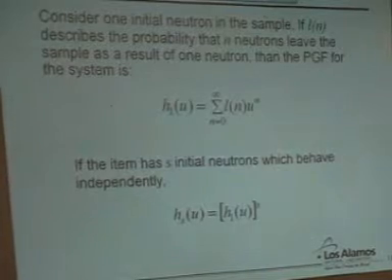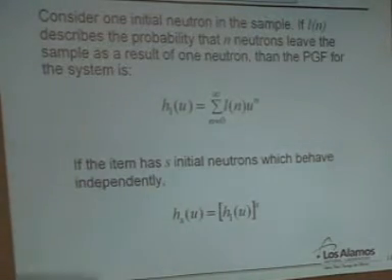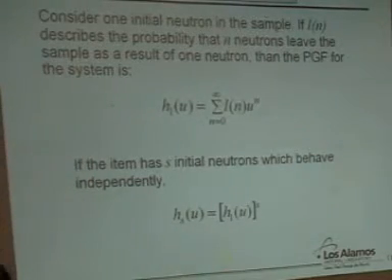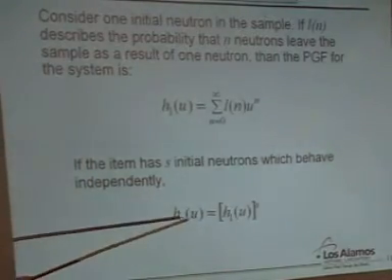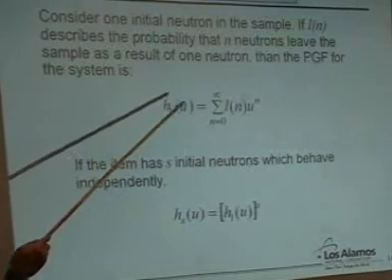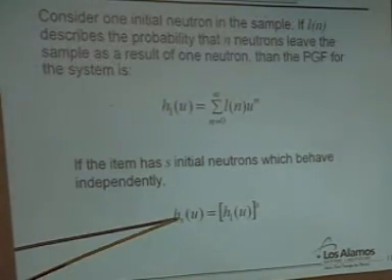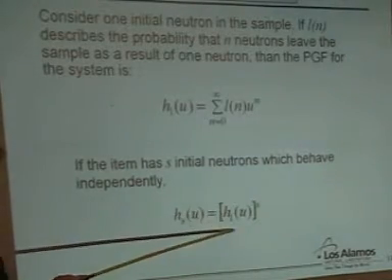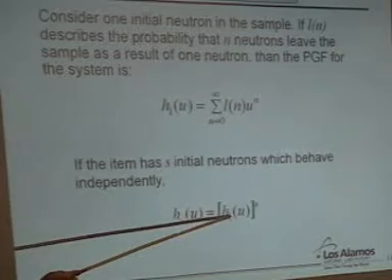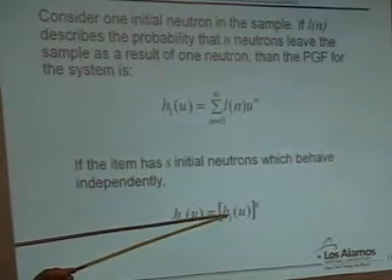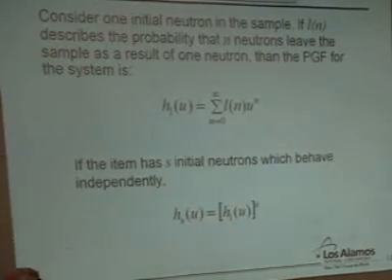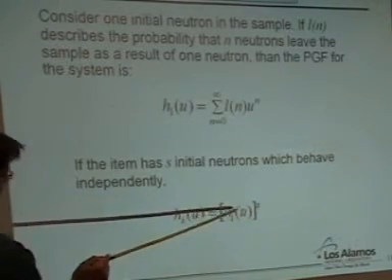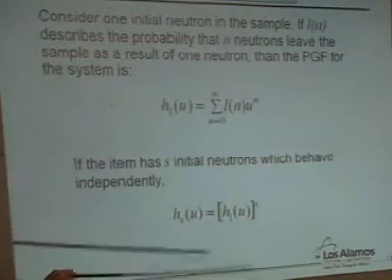Now, if we have s initial neutrons, and we treat them independently, like a coin toss is independent each time we do it, then h of s, the probability generating function for the neutrons to leave the system based on s initial neutrons, is just going to be the probability generating function for one initial neutron to the power s, just s number of h factors of this probability generating function.